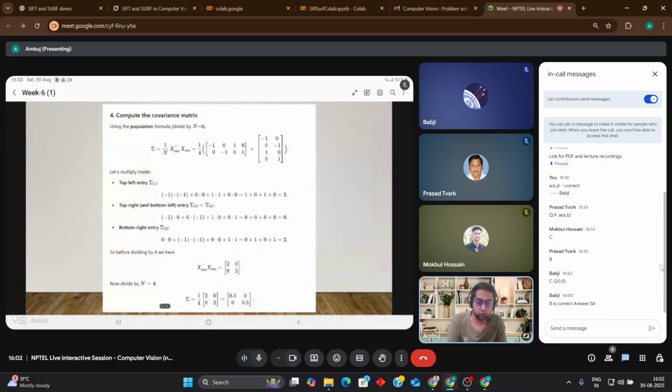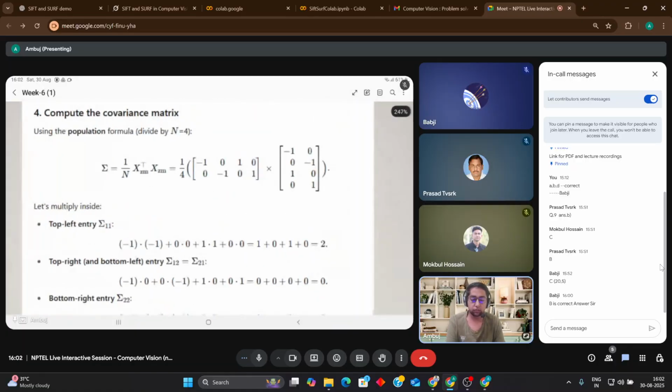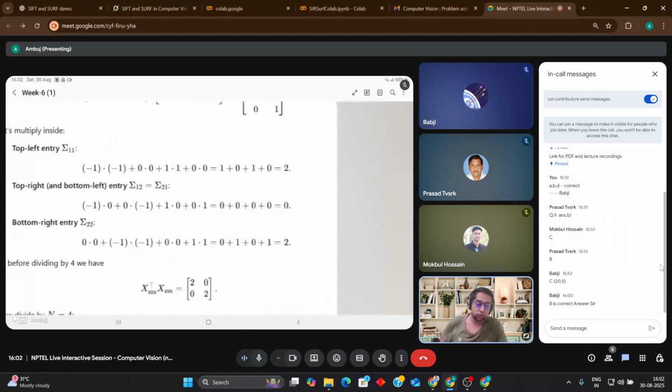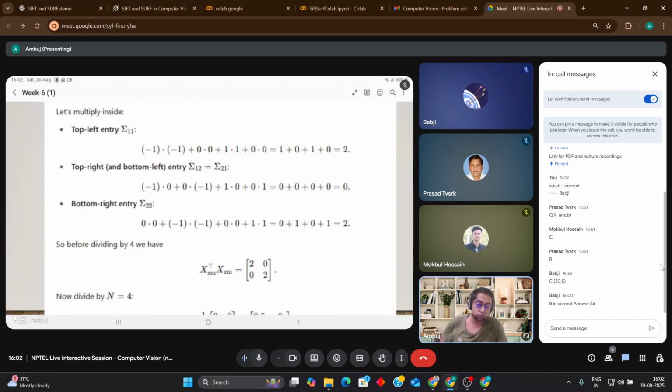Then you try to compute the covariance matrix using the population formula, dividing by n. Sigma equals 1 upon n times Z_m transpose times Z_m. So 1 upon 4 times all these elements. Then you will get the top left entry as 2, the top right entry as 0, and this is a simple calculation.